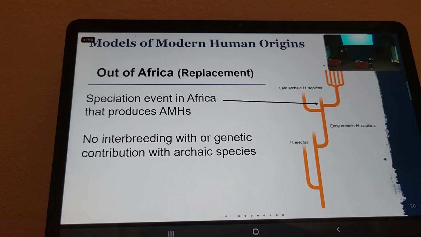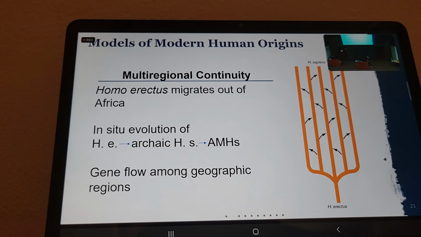Anatomically modern humans are more reproductively successful, probably because of that more energetically efficient body plan. Then you add on a new layer of cognitive function, more sophisticated toolkit, more diverse toolkit, and so forth. They replace, right?